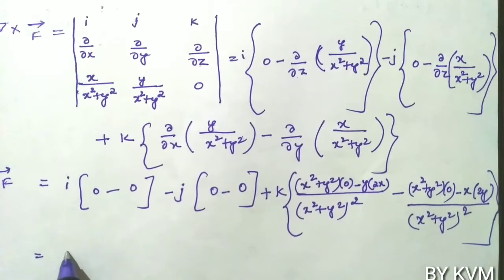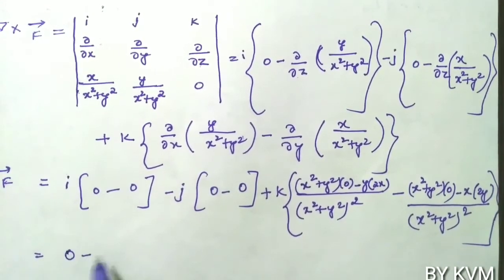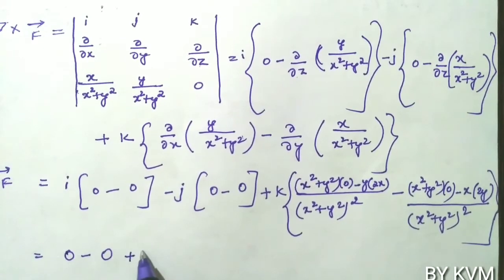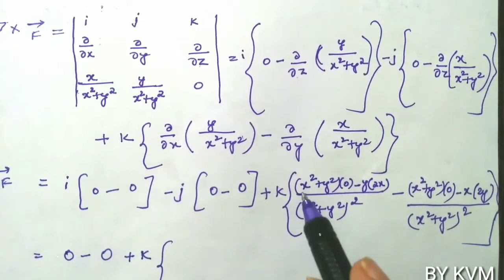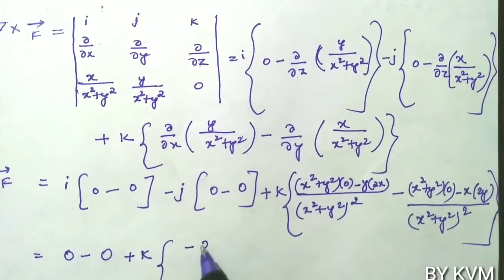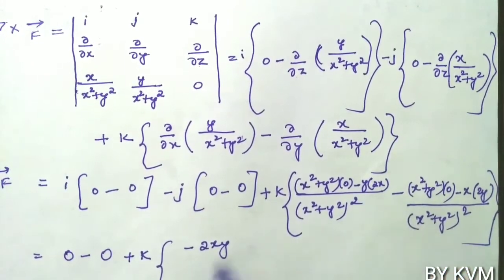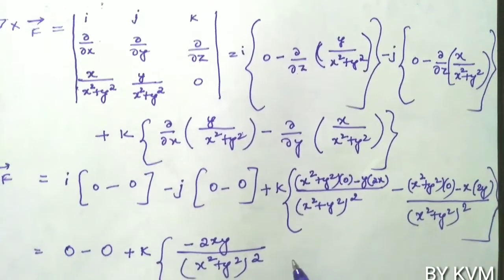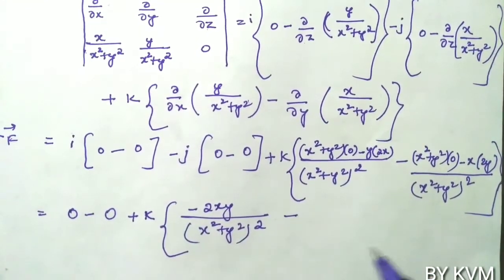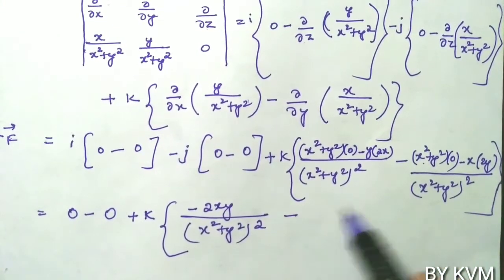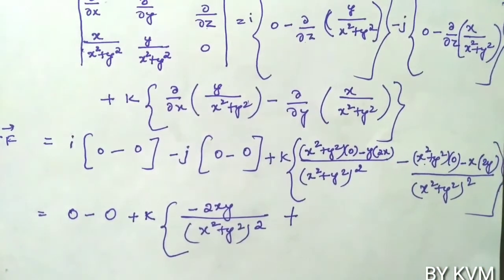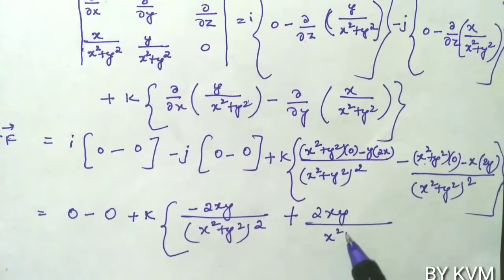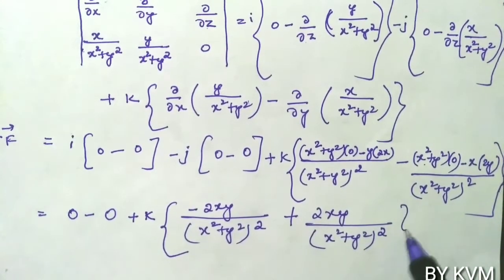So this is equal to i into 0 is 0, minus j into 0 is 0, plus k [(x² + y²) into 0 is 0 minus 2xy by (x² + y²)²] minus [(x² + y²) into 0 is 0, minus into minus plus, x into 2y is 2xy by (x² + y²)²].